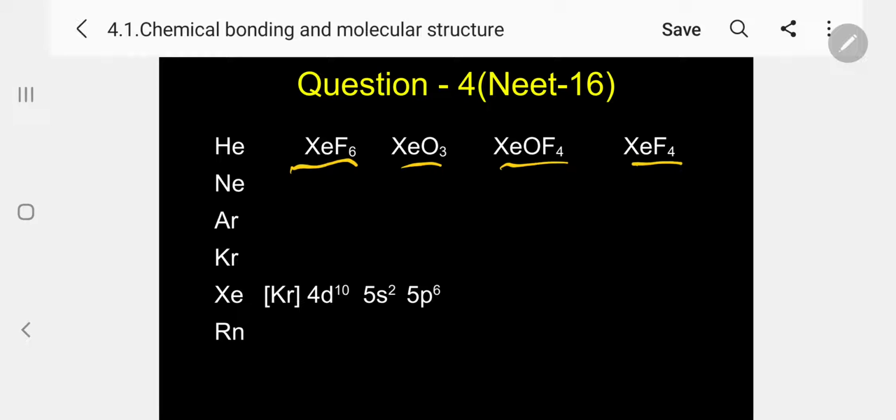Xenon is in the inert gas group: helium, neon, argon, krypton, xenon, 1, 2, 3, 4, 5. Xenon is the fifth, having 4d10 5s2 5p6.